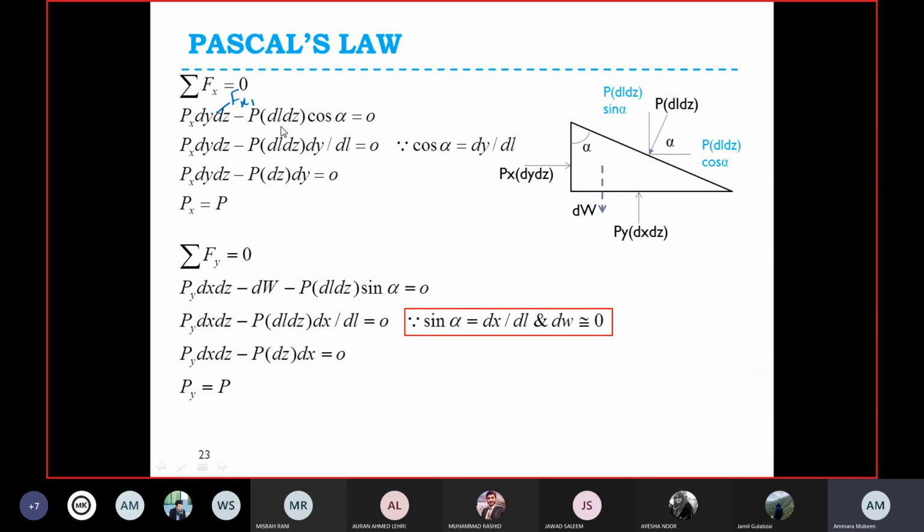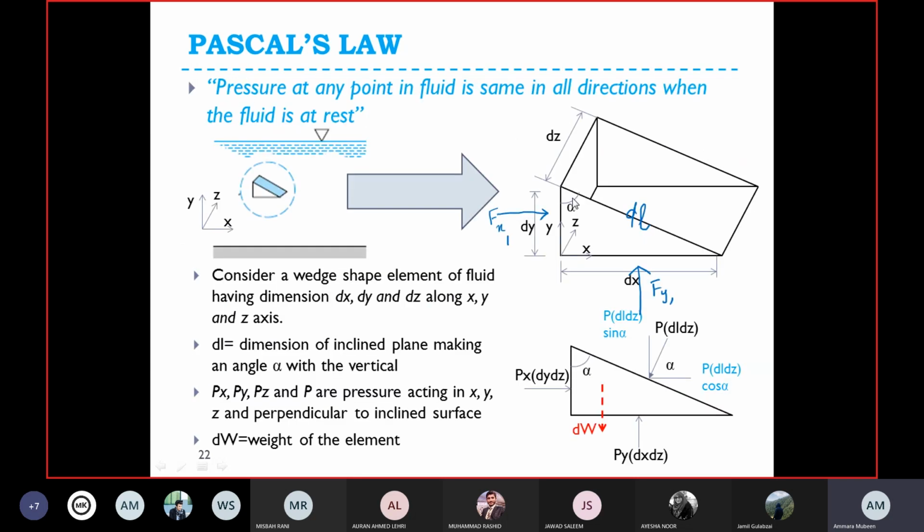Pressure multiplied by the area and cos alpha. Why cos alpha? Since this angle is alpha, you have to consider the x component of this force. So what would the x component of the force, which is normal to the inclined surface, be?